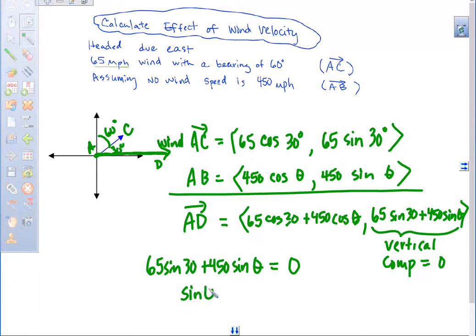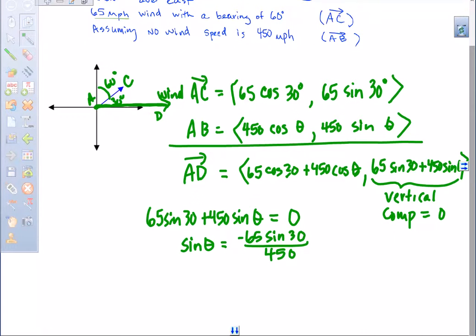So what we would do to get sine of theta is subtract this 65 sine of 30. Then we would divide by the 450. Okay, and so we can punch that in. We do know what sine of 30 is, but we can go ahead and punch that in. Negative 65 times sine of 30, close your parentheses, divide by 450. And what does that give us?